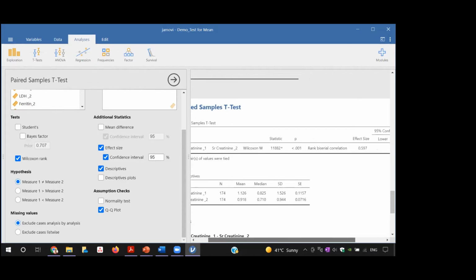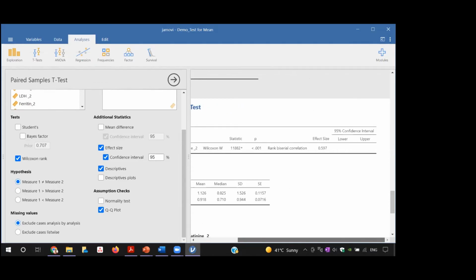And the effect size is, in this case, not the Cohen's, rather it is the rank biserial correlation, because correlation is also one way of doing the effect size.